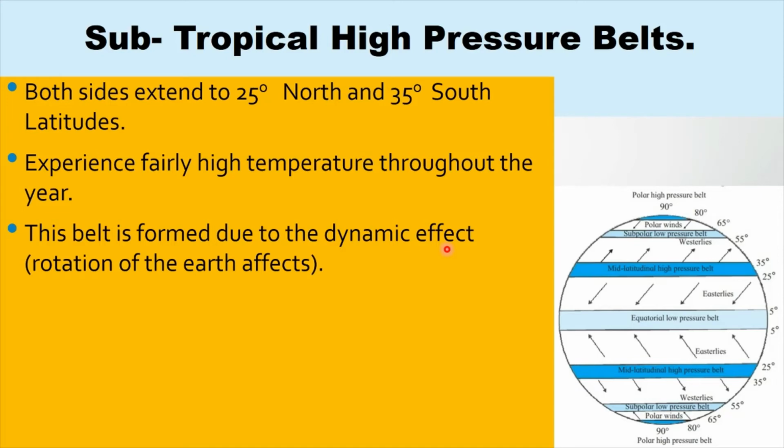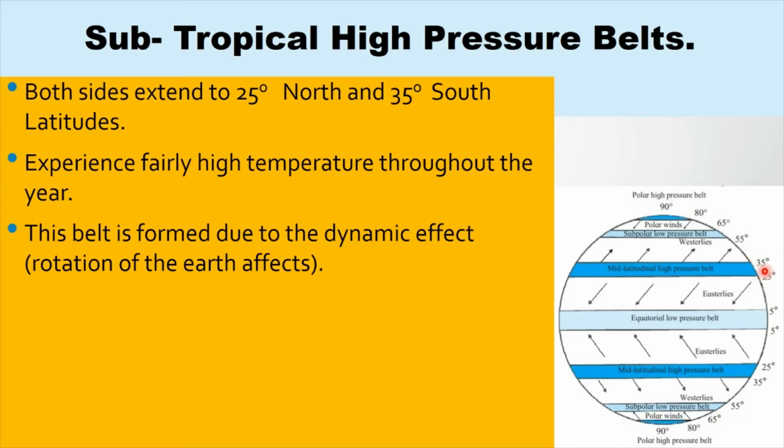I told you two factors are there. One is temperature and one is the dynamic effect, that means rotation of the earth. So here the high pressure occurs due to the dynamic effect of the earth. That means you can say it's the Coriolis effect of the earth. It extends on both sides, 25 to 35 degrees north and south latitude.